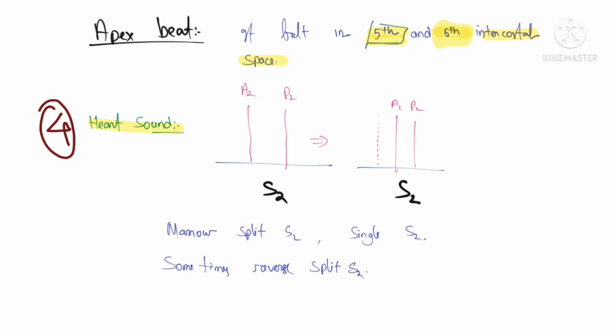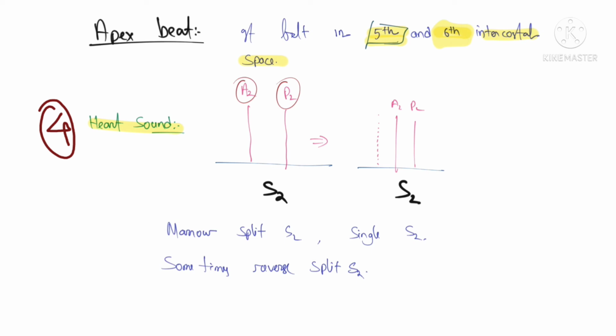Normally, the S2 has two sounds. One is A2, second is P2. A2 is due to closure of the aortic valve and P2 is due to closure of the pulmonary valve. And because our aortic orifice is stenosed, the aortic valve will close late.